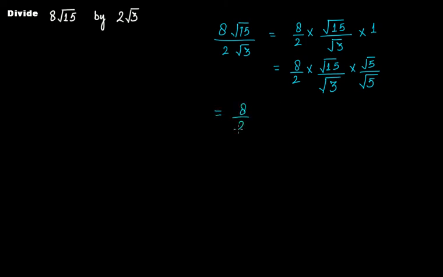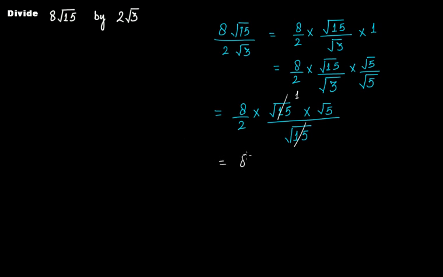So 8 divided by 2 multiplied by square root of 15, right? And this is multiplied by square root of 5. If we multiply square root of 3 and square root of 5, this will give us square root of 15. Square root of 3 multiplied by square root of 5 is actually square root of 15. From here this will get cancelled, you'll get 1.